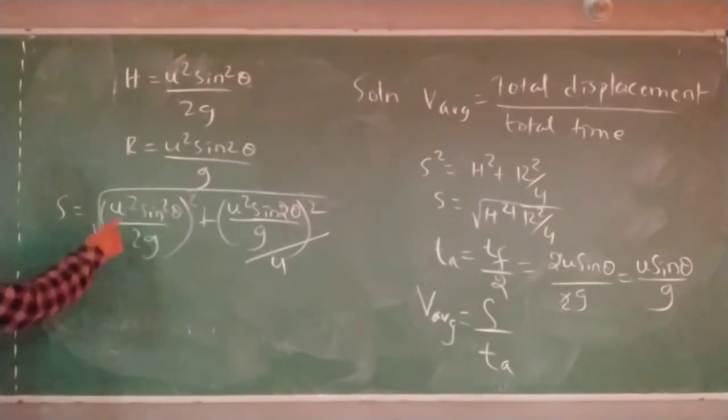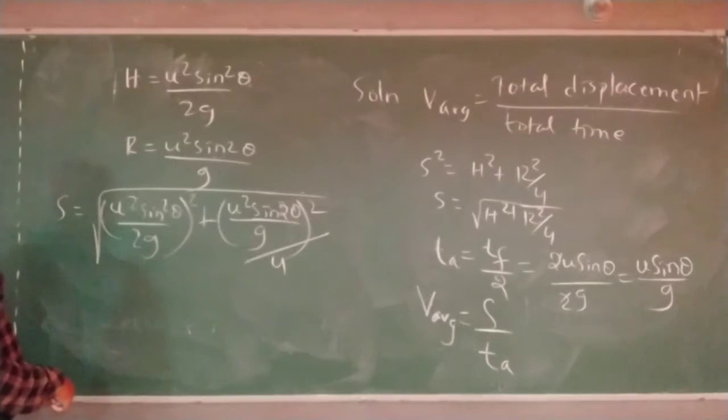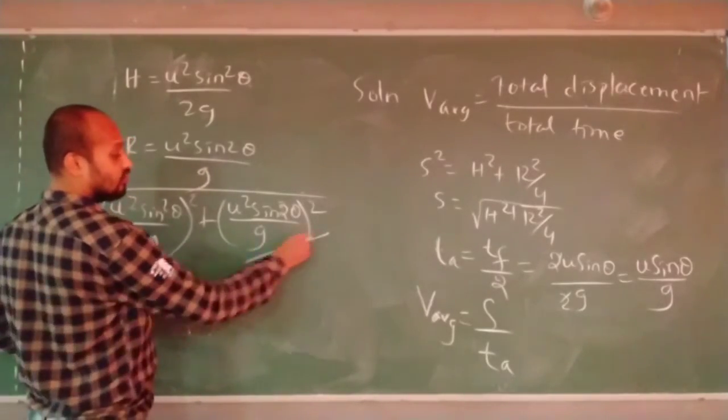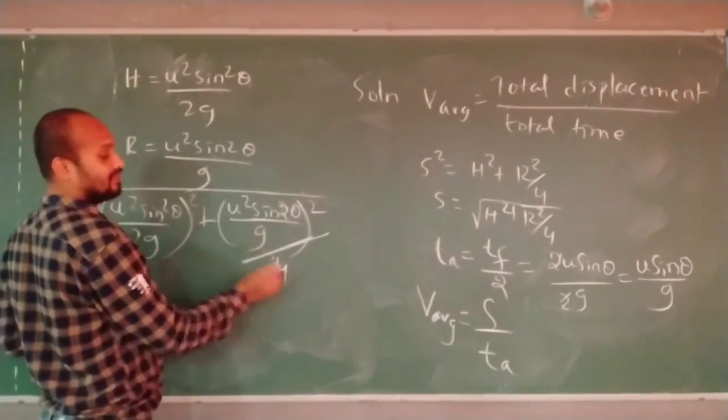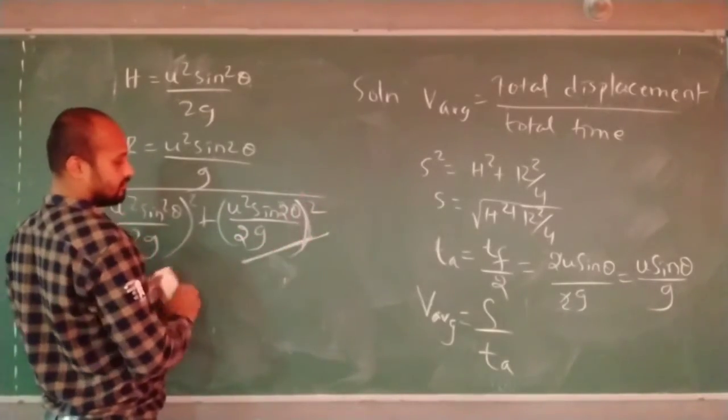Here what I can do? This 4, if I take inside, it will become 2 because square is there.